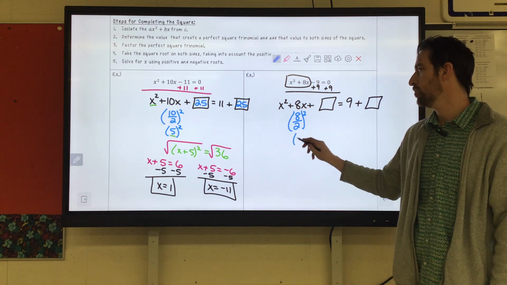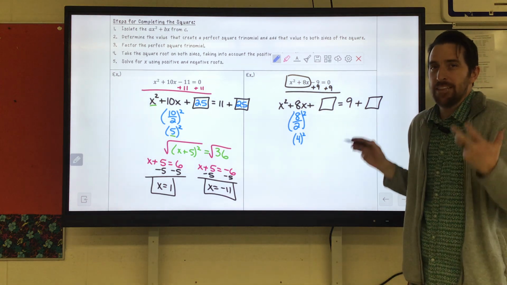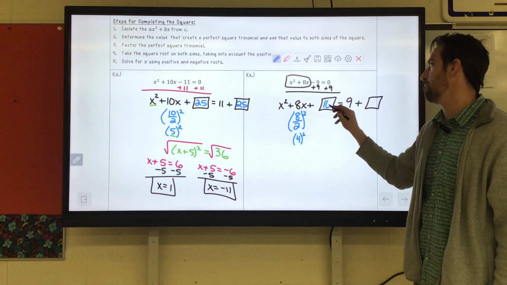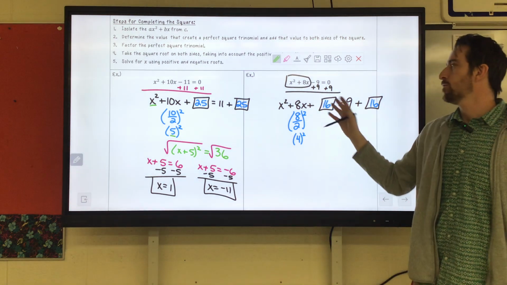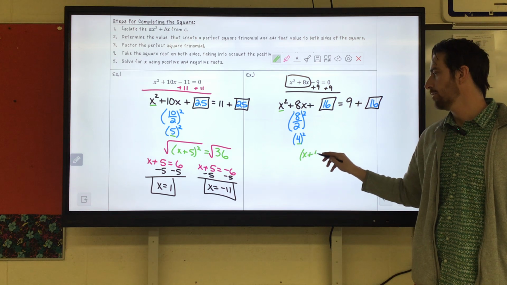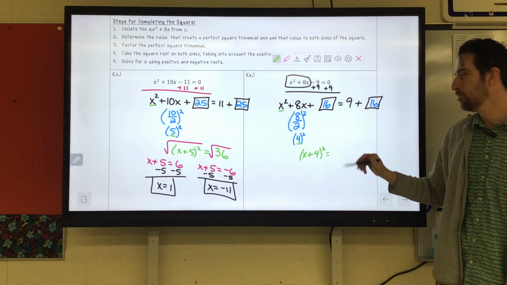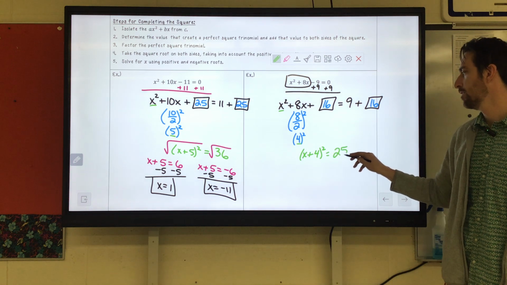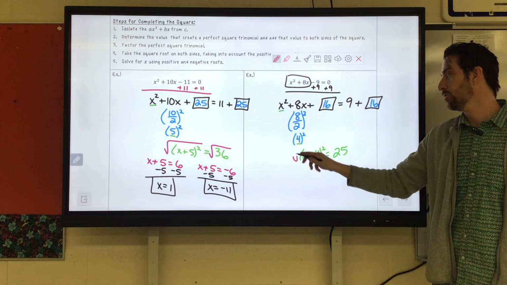8 divided by 2 is 4. 4 squared is 16. That's the number in the box. So the left side of this equation would factor to x plus 4 squared. The right side is just 9 plus 16, which is 25. Now that we've isolated what's being squared, we can square root it to cancel it out.